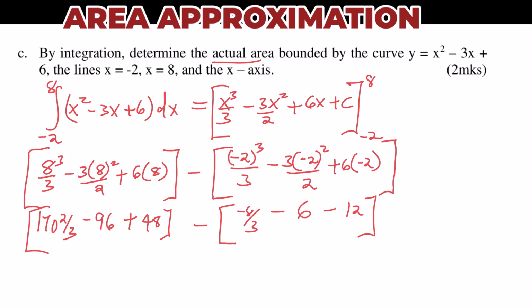So once you've done that, you can simply work out this part here, 170 and 2/3. 170 and 2/3 minus 96 plus 48 will give 122 and 2/3.